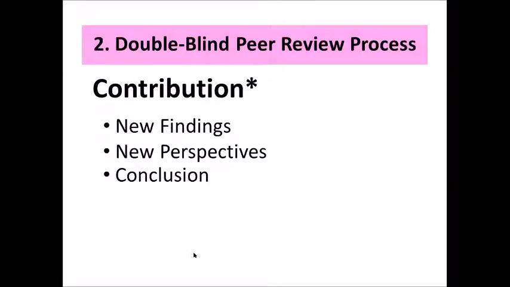If your contribution provides new findings or new perspectives, but it benefits just a few people, like in your country, and does not benefit, or benefits only a little, researchers outside your country, such a paper can be easily rejected if you want to get published internationally.